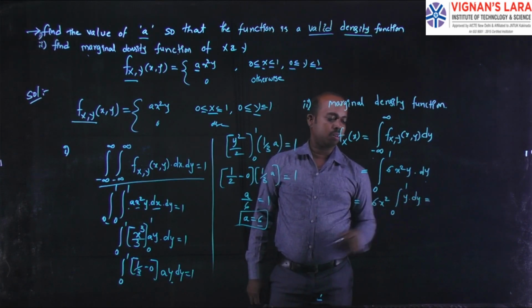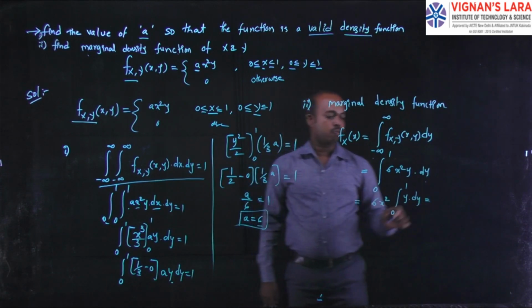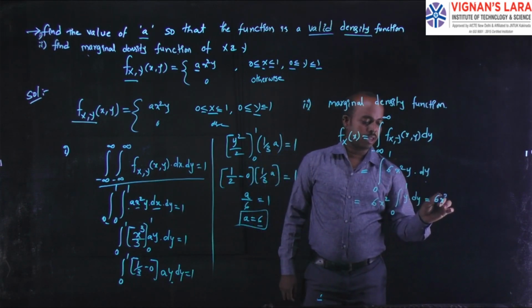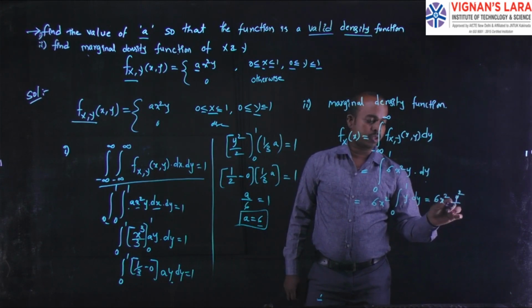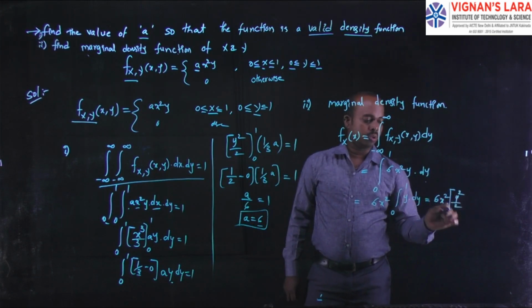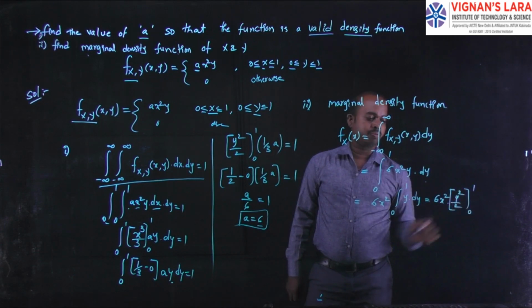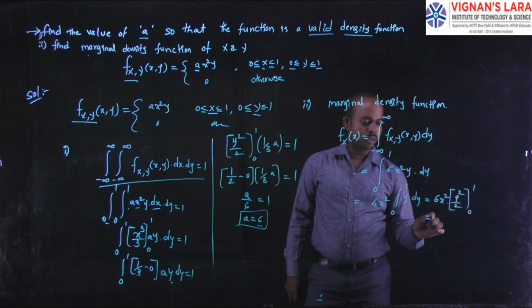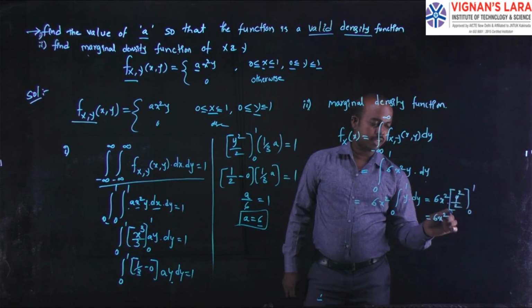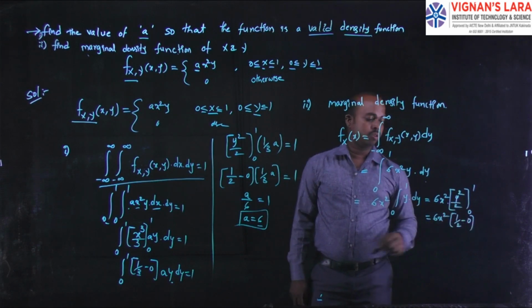Performing the integration for y, 6 x square is a constant, and the y integration is y square by 2, with limits 0 to 1. Substituting the higher limit and lower limit, you can write 6 x square into 1 by 2 minus 0.